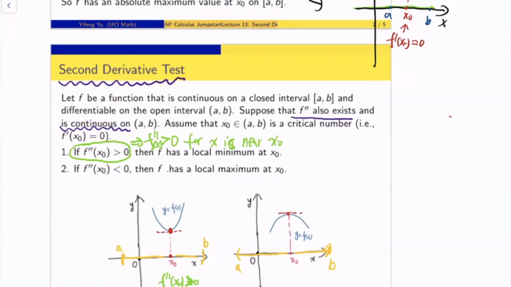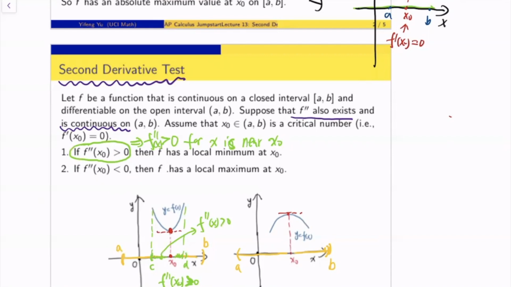Suppose we have this place somewhere near it, for example C and D. Within here, the second derivative is positive, only within this range. In general, it's not in the whole place.